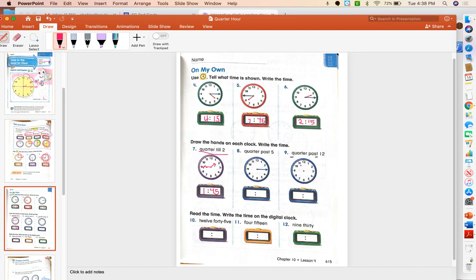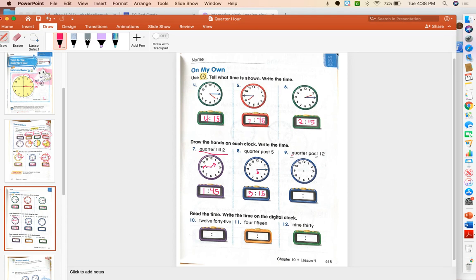Number 8, quarter past 5 is already almost done for us. We just have to go past 5. Remember, the only time that the hour hand is pointing directly to the number is when it's at o'clock. So it's in the 5 o'clock hour, but it has to be just a little bit past our 5 o'clock. What time does this say? We said it's 5 o'clock is our hour. 5, 10, 15. 5:15.